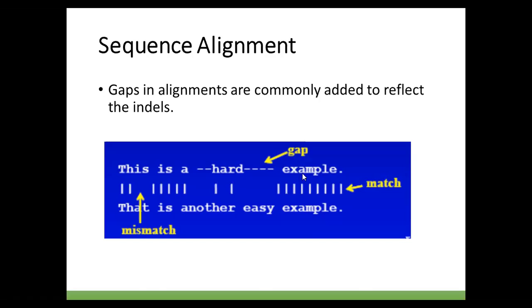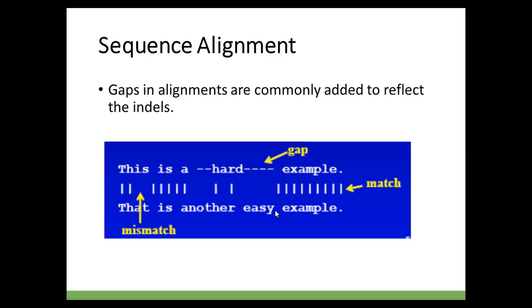You can see the word example comes here and heart goes here, and you can't match example with the example in this sentence. That's because you have not added any gaps. However, in the natural situation, those insertions and deletions occur, and these gaps reflect those insertions and deletions.